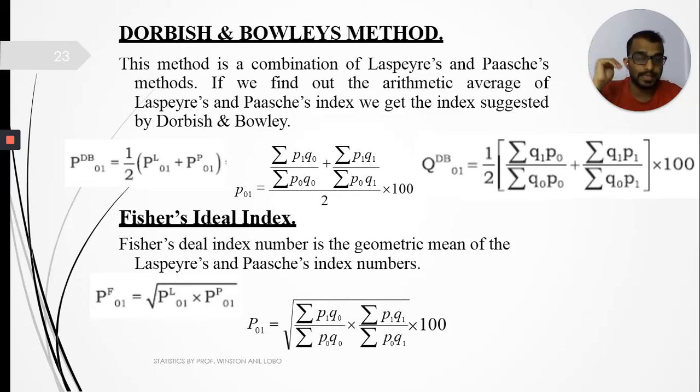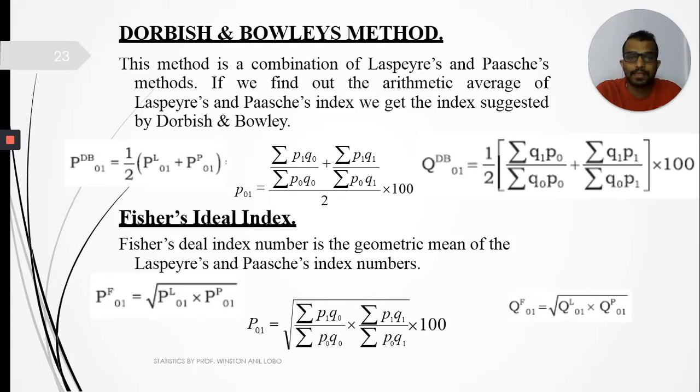Then past year's was current year. Dorbish-Bowley is arithmetic mean, Fisher's is geometric mean. Kelly's, no quantity considered, and one more was which one? Very good, Marshall Edgeworth. In Marshall Edgeworth we saw the numerator multiplies both base year and current year, the denominator also multiplies both base year and current year. Students, please pause the video and memorize all the formulas.